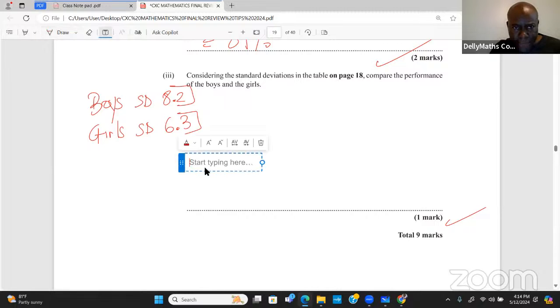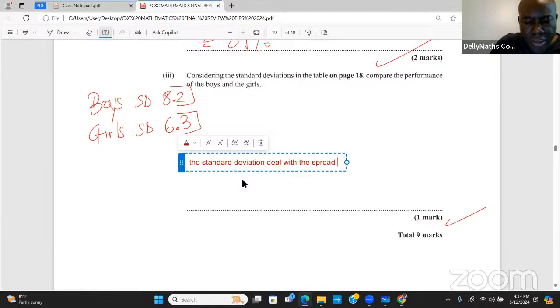Let me just type this. I could just say that the standard deviation deals with the spread of the scores from the mean. All right, so basically we could just say the spread of the scores.